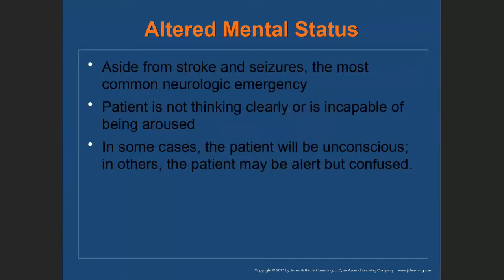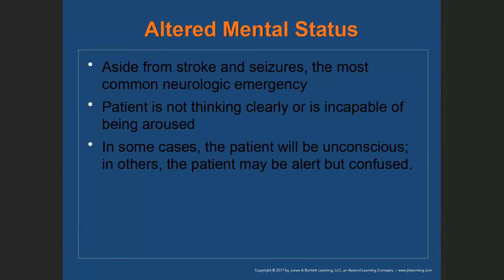Altered mental status. Aside from stroke and seizures, the most common neurologic emergency is going to be altered mental status. Patient is not thinking clearly or is incapable of being aroused. In some cases, the patient will be unconscious. In others, the patient may be alert, but they are displaying signs of confusion.